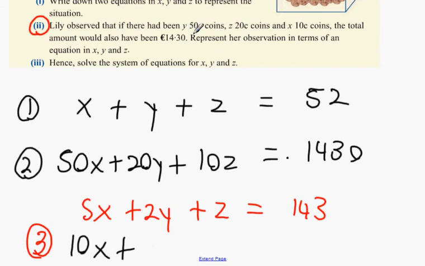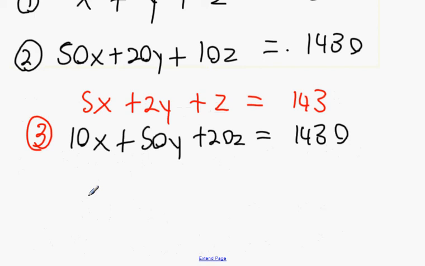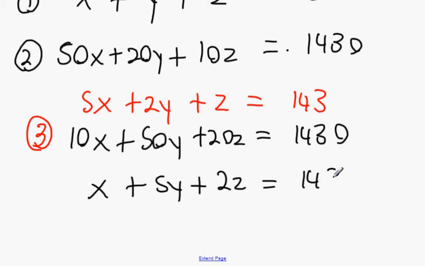Next one is 50y. And finally 20z, which also equals 1430. Once again, divide everything by 10. We get x plus 5y plus 2z equals 143.